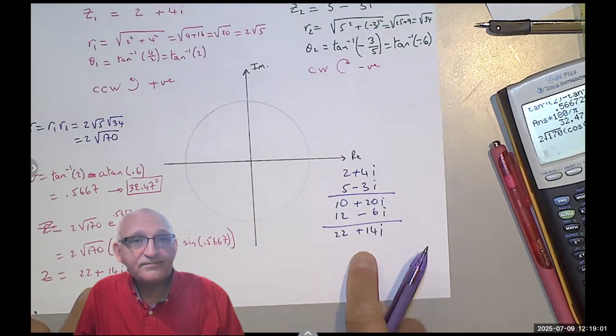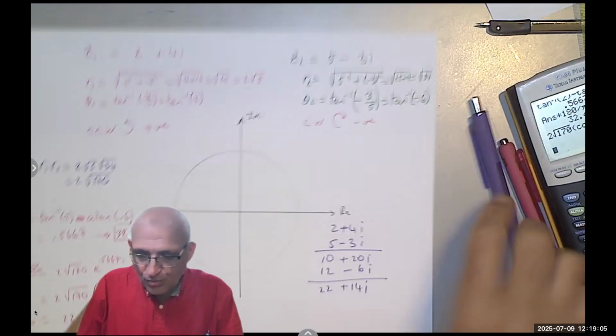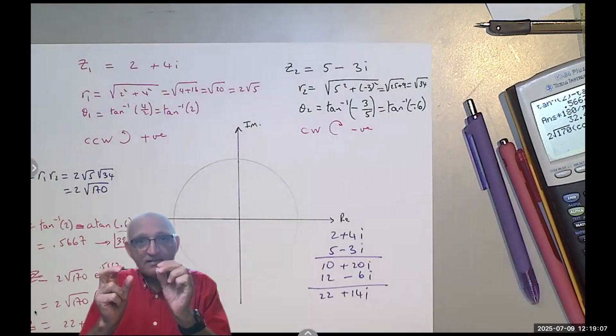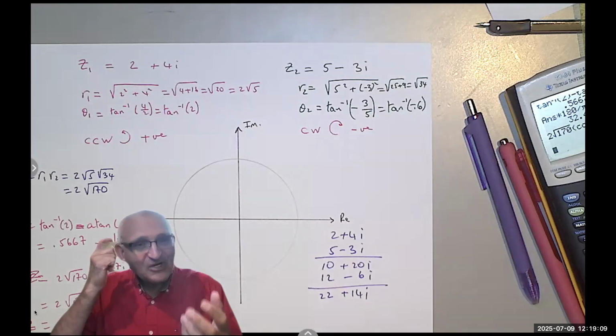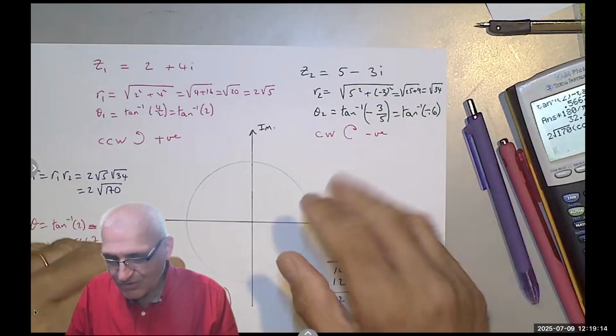Same result. But now we understand that if I have two vectors, I take their length. I keep saying vectors. Two complex numbers, because vectors work very, very close to that.